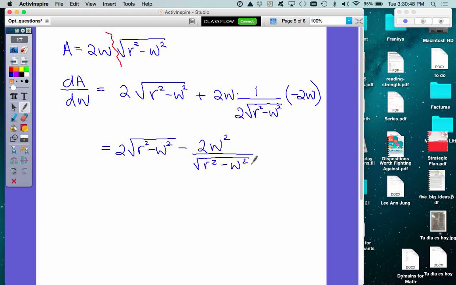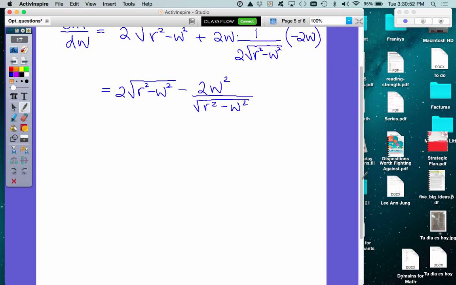I believe that's right. Now I need to look for my critical values of this. So I want to know where this derivative is going to fail to exist, and where this derivative is going to equal 0. I'm going to start with where this cannot exist. The only way that I could have this not existing is if either w is bigger than r, which is impossible because that's not in the domain, or if w equals r, that would make this denominator 0.